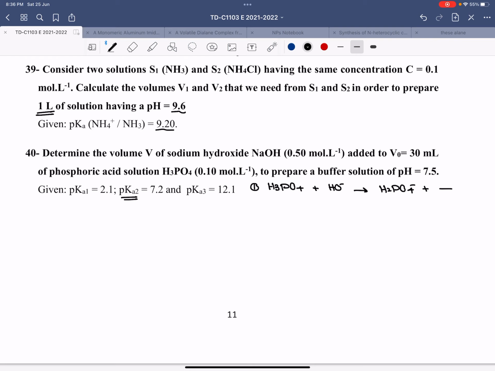So initially you have 30 times 0.1, you have 3 millimole. The value of HO minus is not known. It's basically 0.5 times the first volume for the first reaction. At the end, you get a value of epsilon.